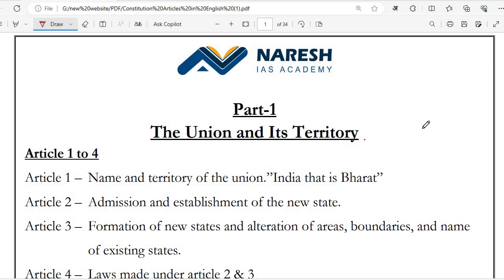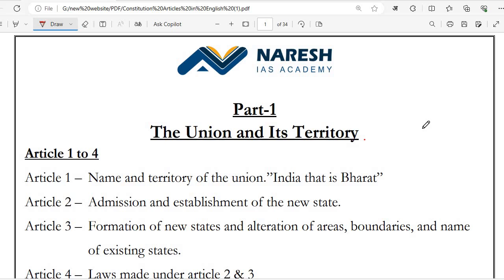At the time of the implementation of the Constitution on 26th January 1950, there were 14 states, and from 14 states to 28 states we have completed a long journey, and this shows the Indian Constitution is flexible rather than rigid.